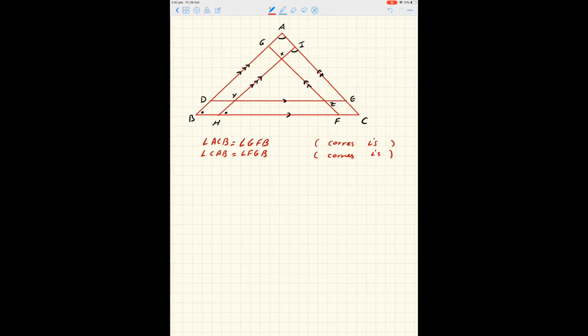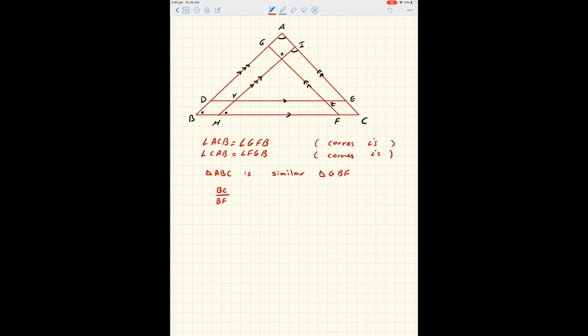Same situation as I mentioned before. Two of the angles are the same in both of these triangles, therefore these two triangles are similar. So we can say that triangle ABC is similar to triangle GBF, reason being equiangular. Having said that, we can make this statement, because the sides are in the same ratio: BC over BF.